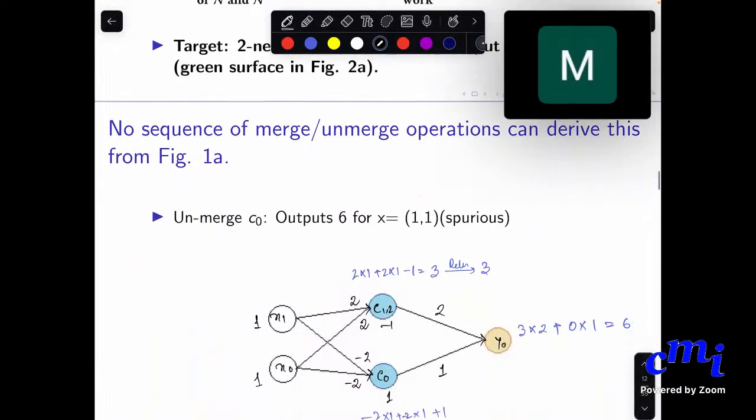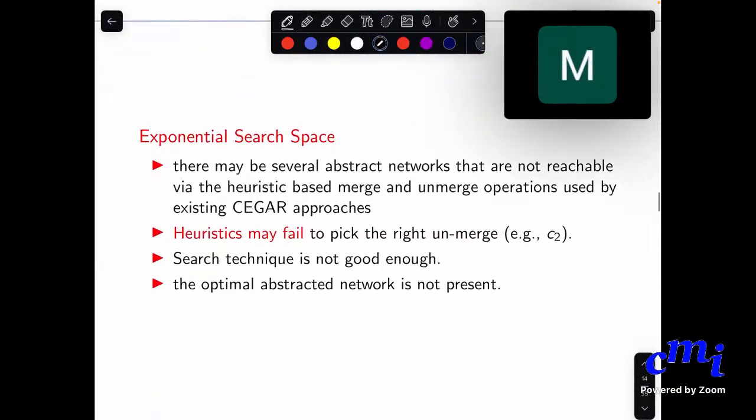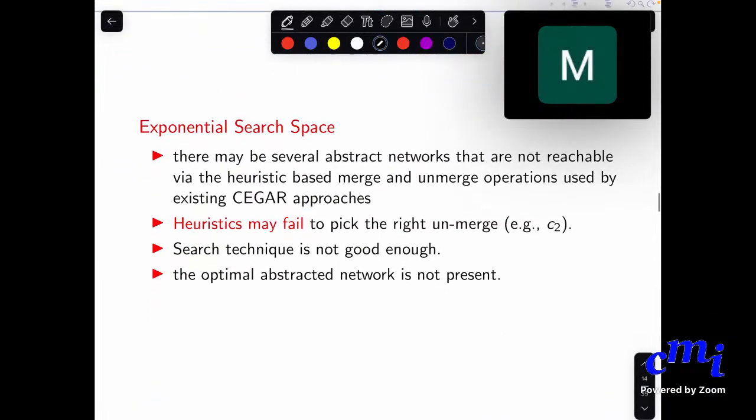So what does this say about the process we are already aware of? There are several networks that are not reachable by the CEGAR approach or the CEGAR unmerging technique, because if we fail to pick the right unmerge, we follow some heuristic.